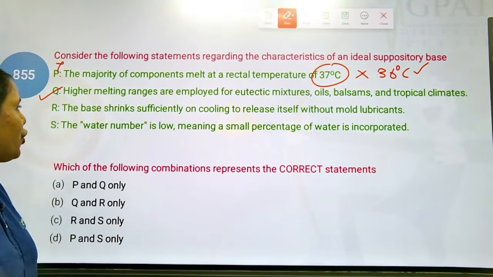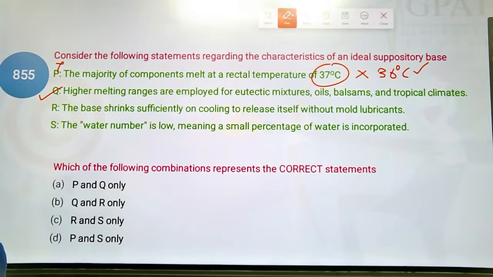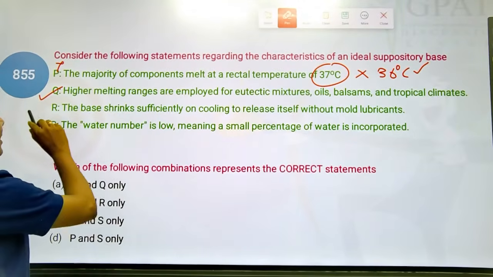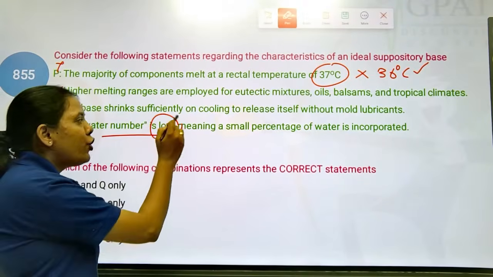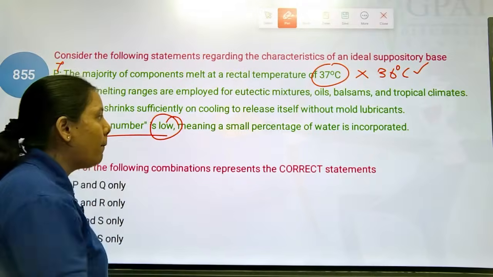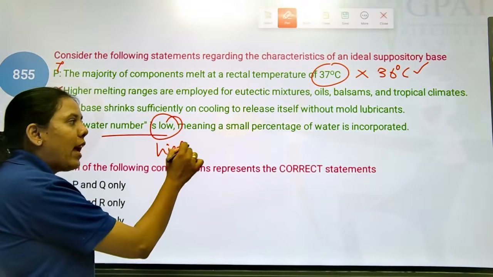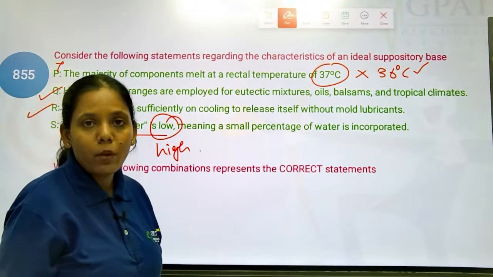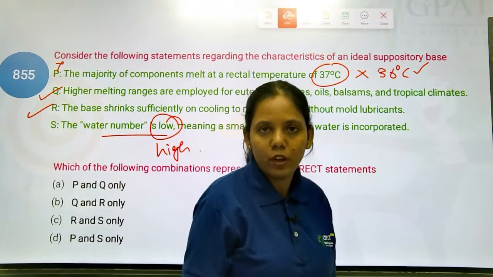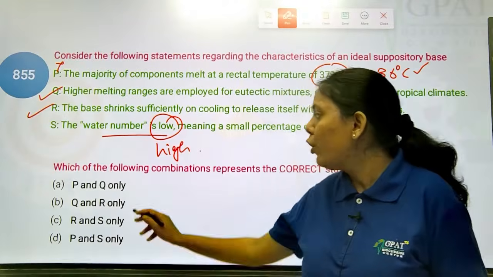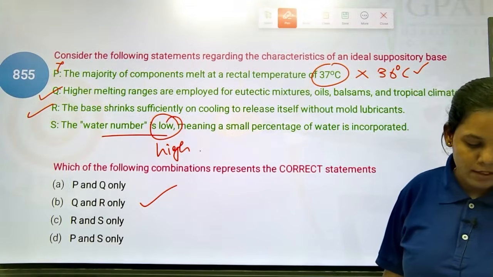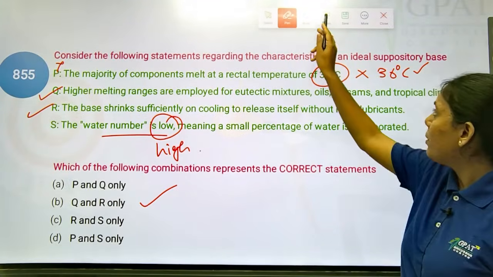The base shrinks sufficiently on cooling to release itself without more lubricant. Yes, that is there. Q and R statements are correct. Water number should not be low. The water number should be high so that it can incorporate a higher percentage of water. So those are the characteristics of an ideal suppository, and option B is the right answer. Very good.